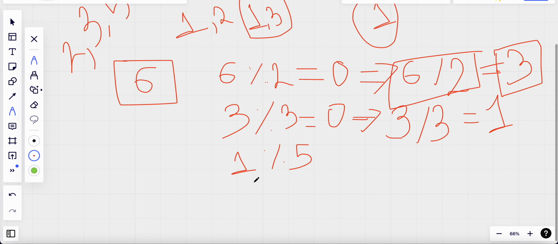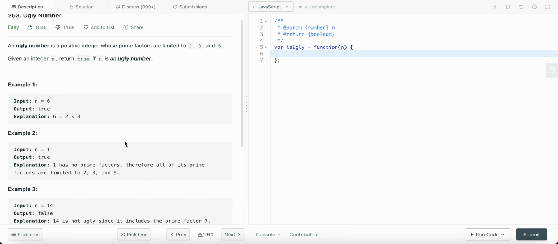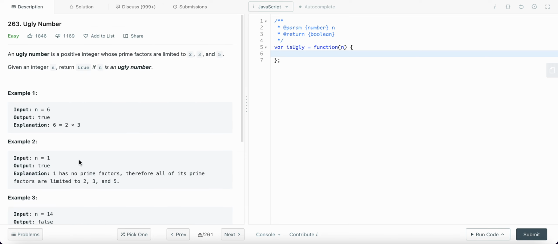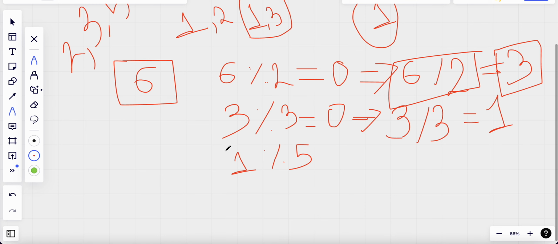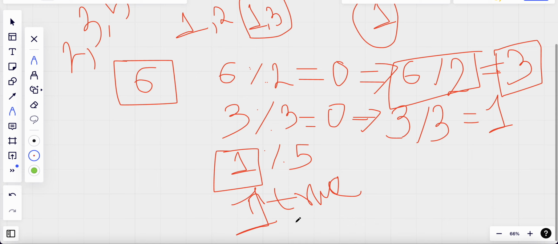But from this example we could see that 1 is an ugly number because its factors are limited to 2, 3 and 5 only. So since we encountered a value 1, that is when we will return true. We are going to return true when the value is equal to 1, else we are just going to return false.